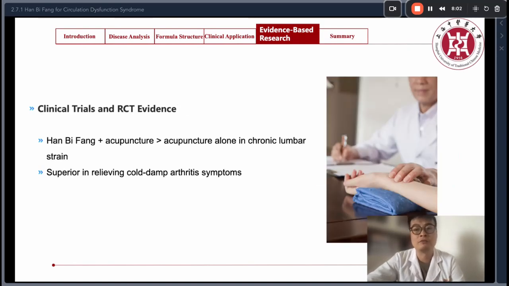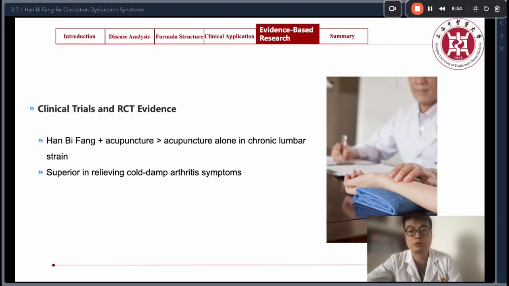Clinical trials have confirmed Han Bi Fang's value. One study showed that Han Bi Fang combined with acupuncture outperformed acupuncture alone in three areas: pain reduction, joint mobility, and overall recovery time. It was especially effective for cold arthritis, chronic lumbar strain, and senile B syndrome.